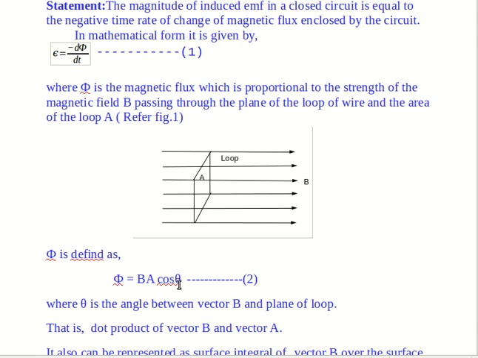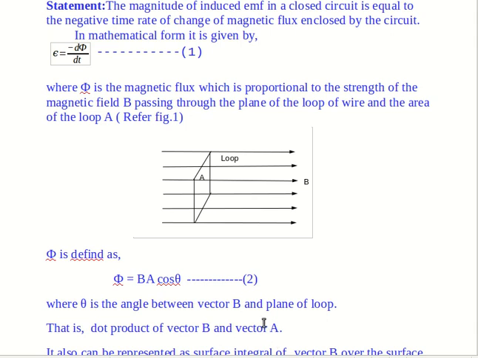So depending on the value of theta, this phi will change. This BA cos theta again represents the dot product of vector B and vector A.